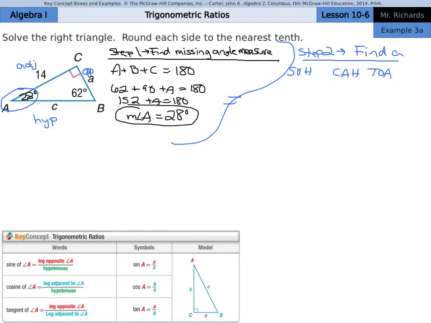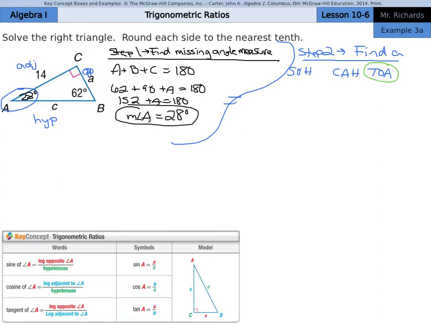What else do I know? I know the adjacent side. So I need to use a relationship that involves the opposite side and the adjacent side. Well, that's going to get me to the tangent relationship.